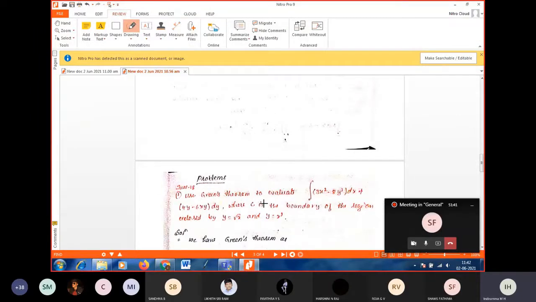What are they given? Use Green's theorem to evaluate the integral of (3x square minus 8y square) dx plus (4y minus 6xy) dy, where C is the boundary of the region enclosed by y equal to root x and y equal to x square. Please all of you read the question.